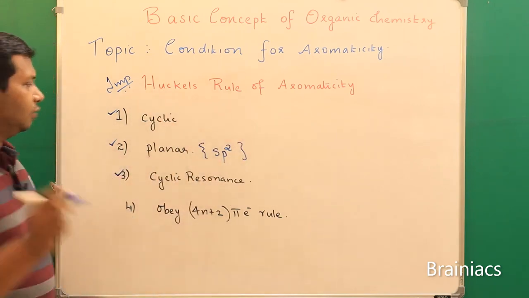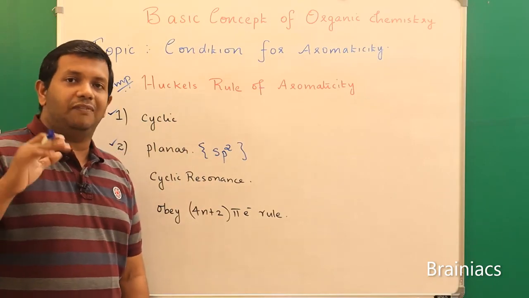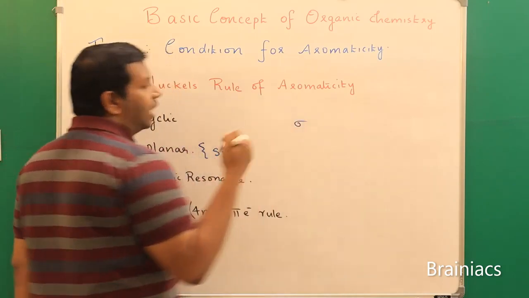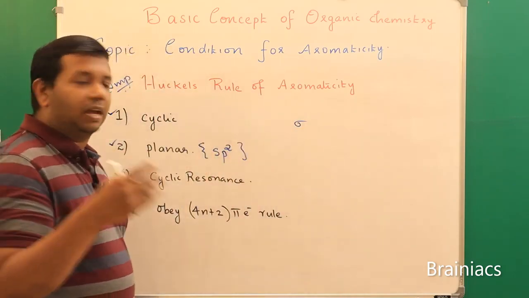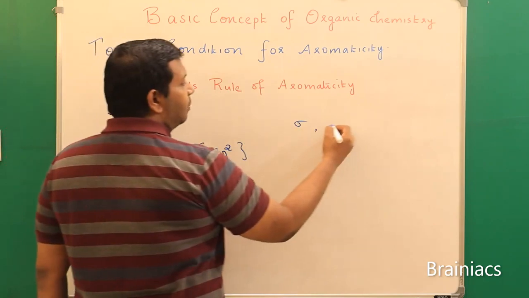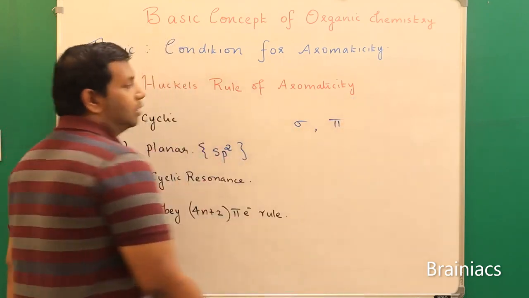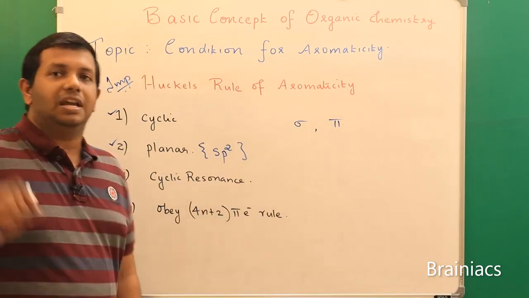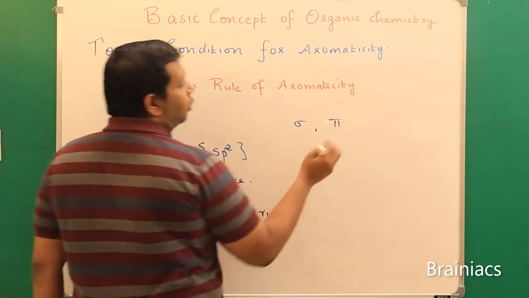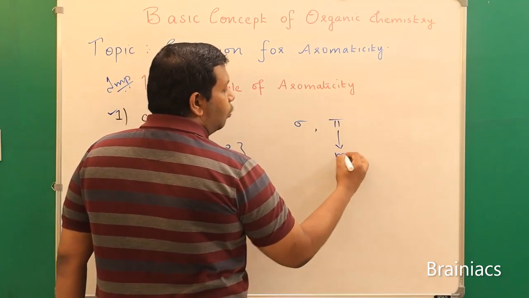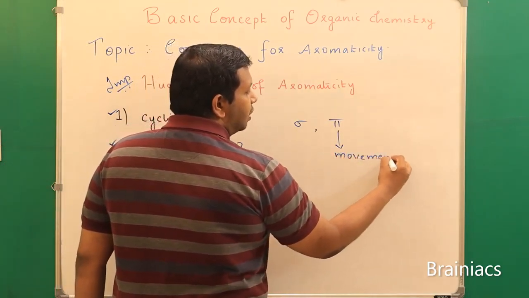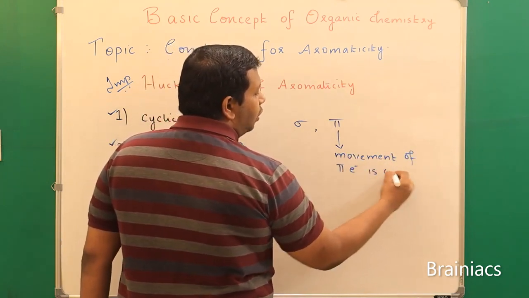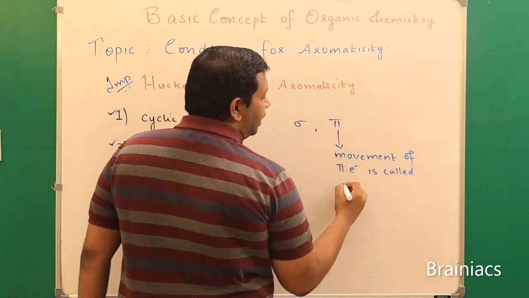So what does resonance mean? We know that in chemistry every atom is bonded together, and there are not 2 types, there are 3 types of bonds. The main types of bonds are, one is sigma bond and another is pi bond. And we say the delocalization means movement, and the movement of this pi bond or pi electron is called, what actually?